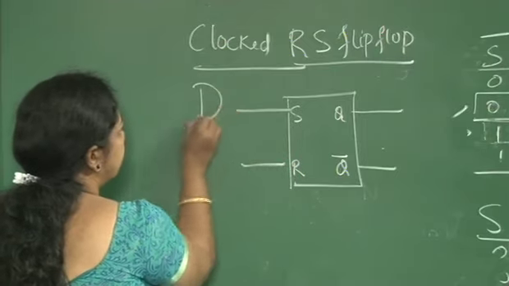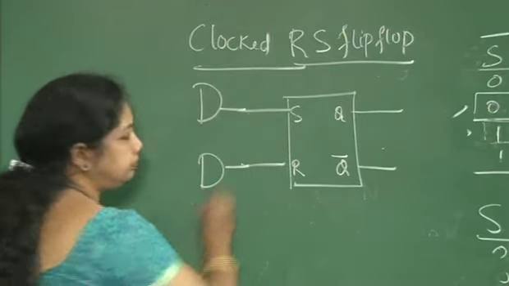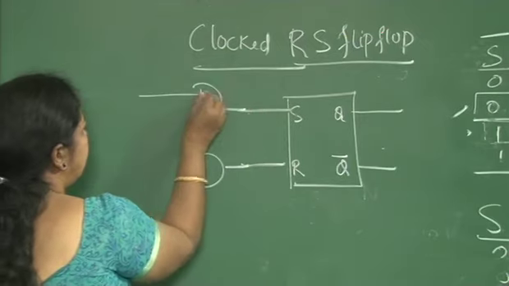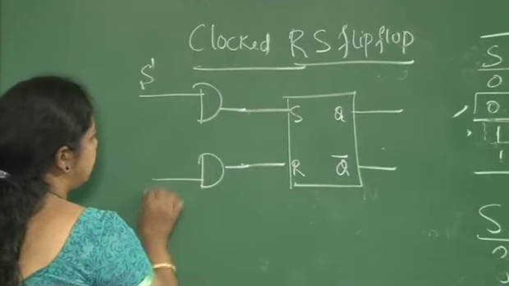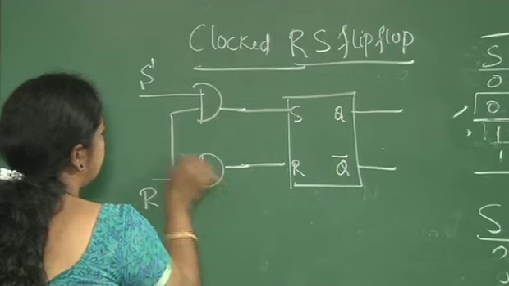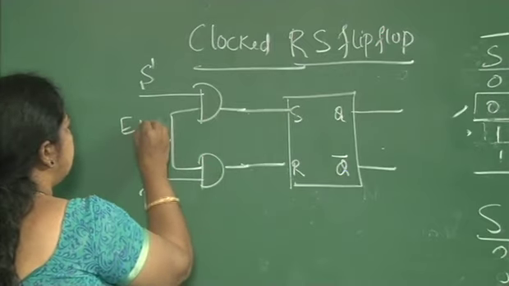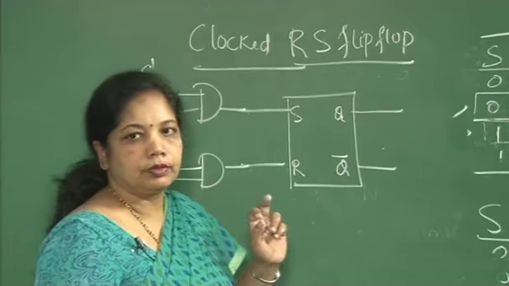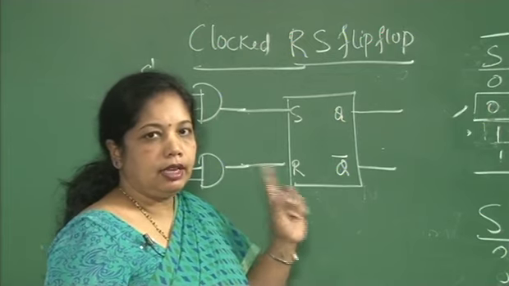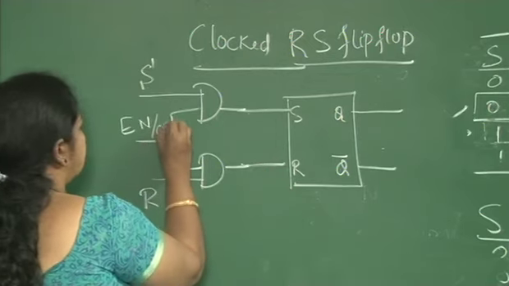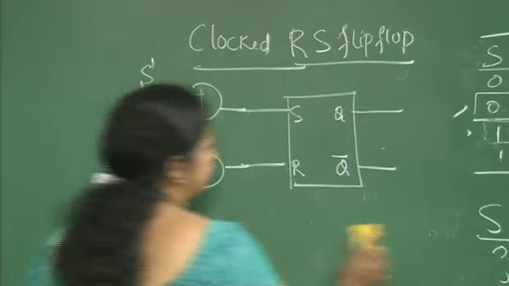So we have an AND gate. Then I am going to give the inputs S and R along with an additional signal, enable. Either I can give enable or clock over here.